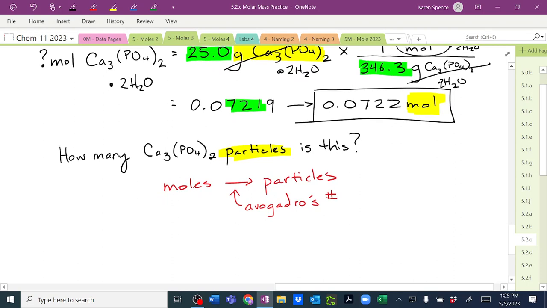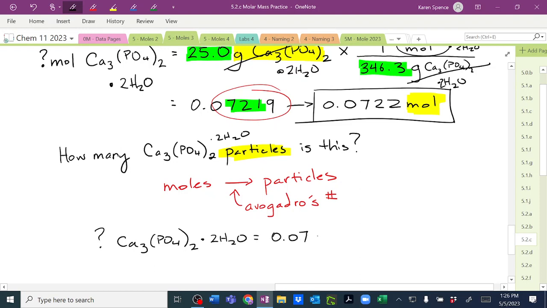Okay, so we could say, alrighty, I have, and I'm going to use my unrounded number here, all right? I want to know how many Ca3(PO4)2·2H2O, I keep forgetting the dot 2H2O, is equal to 0.0722 moles.